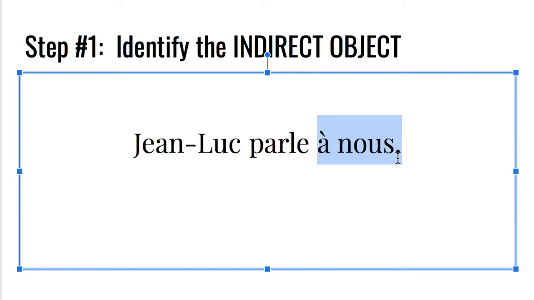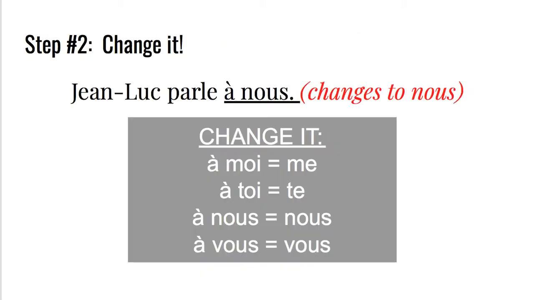Once I have identified it, I have found it in my sentence, then I am going to figure out what I need to change it to. Here we have à moi is going to change to me, à toi changes to te, à nous changes to nous, and à vous changes to vous. Now, we also have lui and leur.